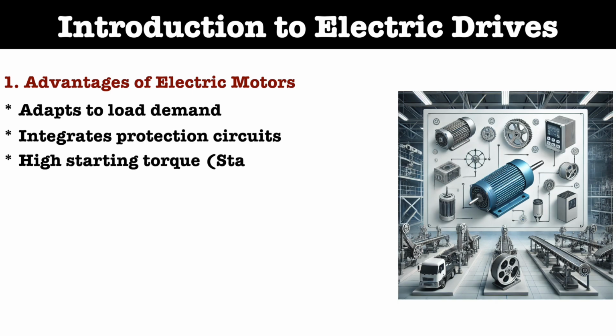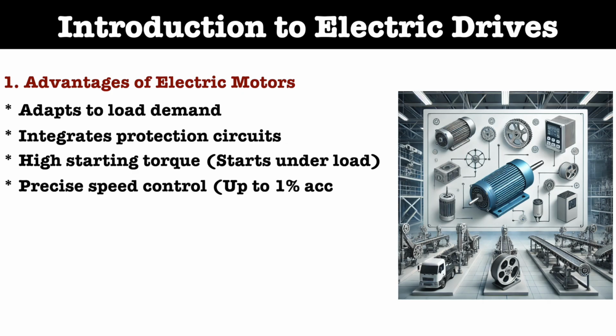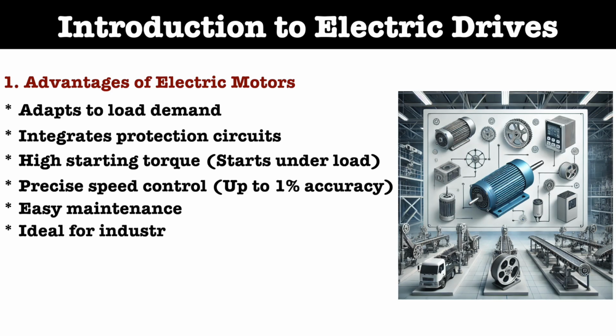With a high starting torque, electric motors can start under load and achieve precise speed control with an accuracy of up to 1%. Additionally, they are easy to maintain, making them an ideal choice for industrial applications.